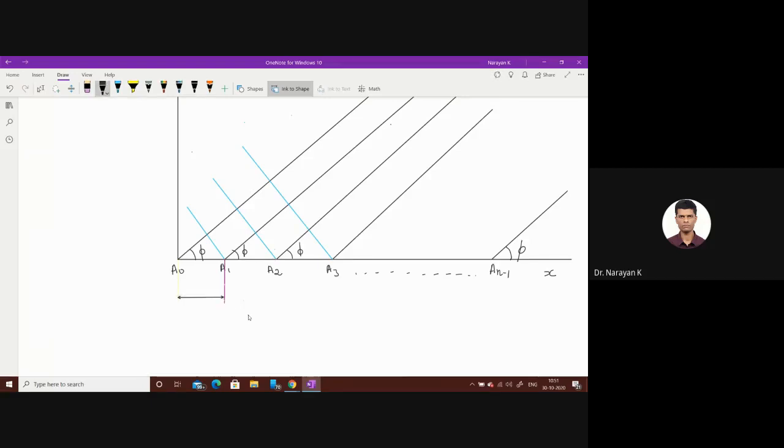What will be this distance? Guess. What I have to write here? D, the distance between two array elements. D cos phi. This distance is d cos phi.